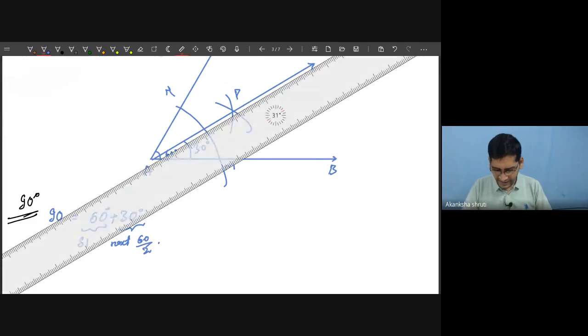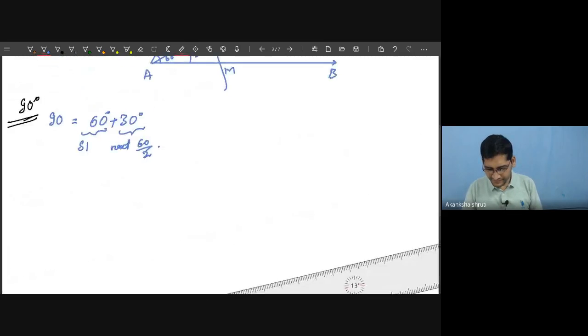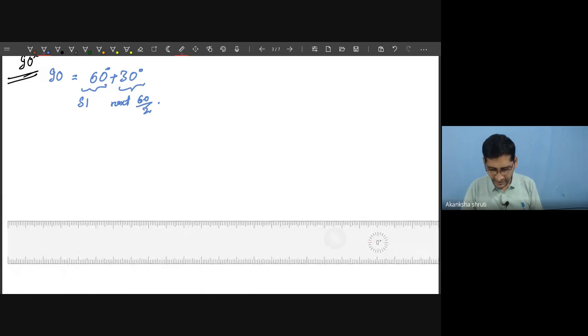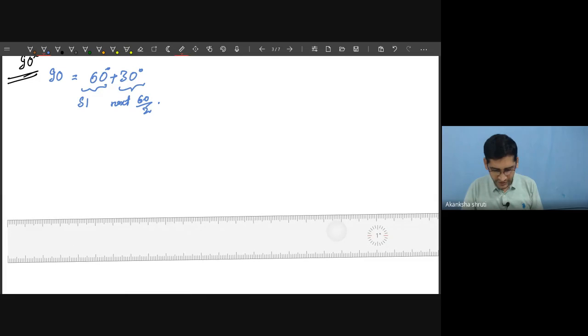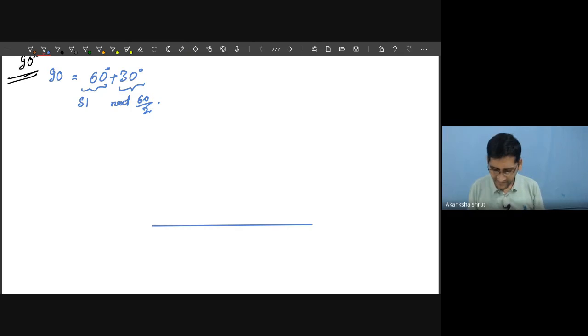So observe how I am going to do it. First make a line with the compass, students, so be careful. Just take a line. Then take your compass and make a circle.